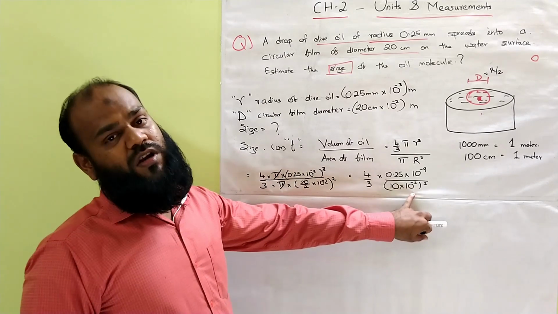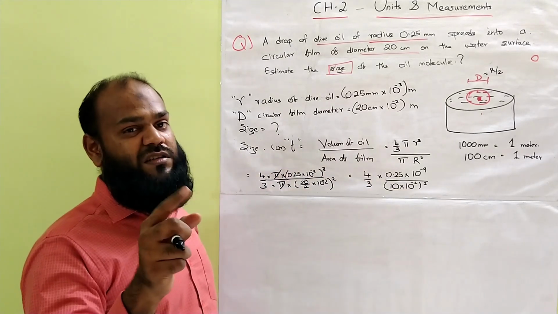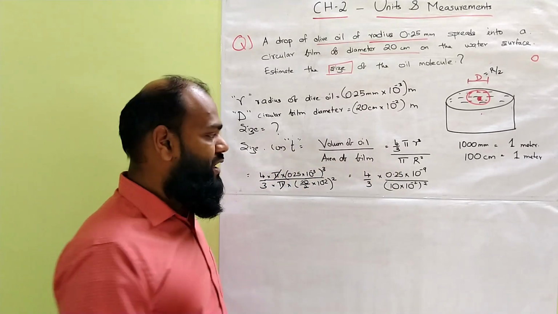Instead of writing 10 into 10 power minus 2, I can write 0.1, isn't it?